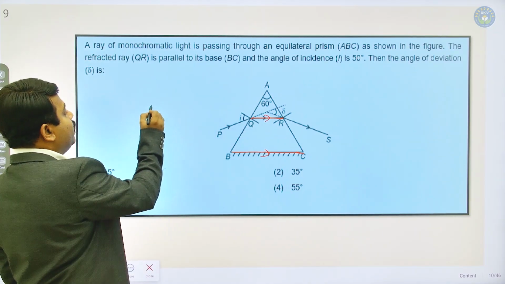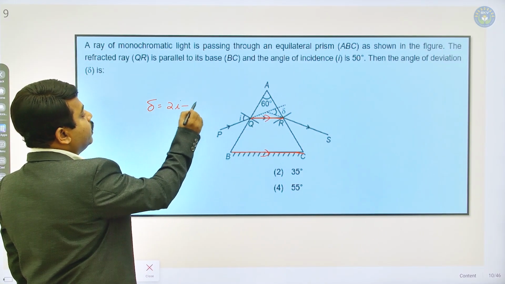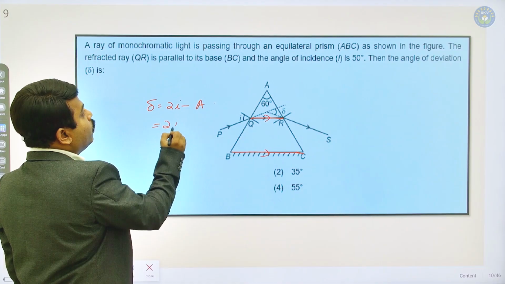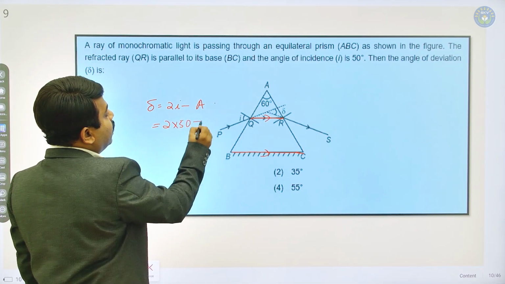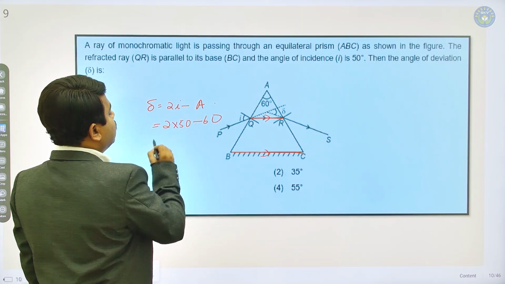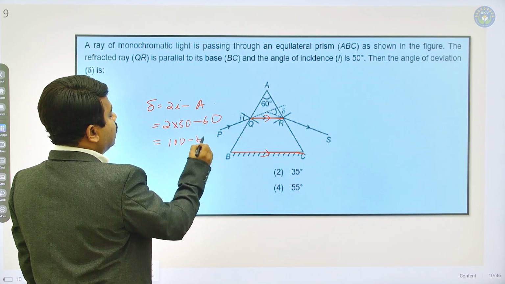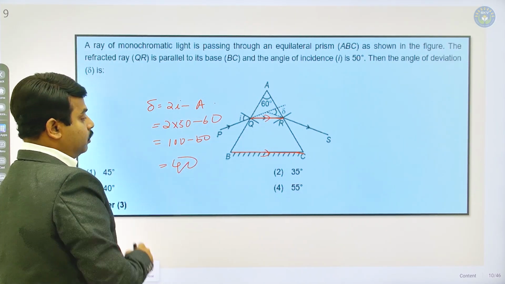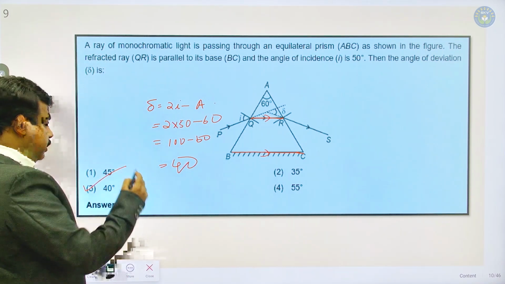At minimum deviation, delta is 2i minus A, with angle of incidence given as 50. This is an equilateral prism, so the angle of prism is 60. Then 100 minus 60, that is 40. And option 3 is correct, right?